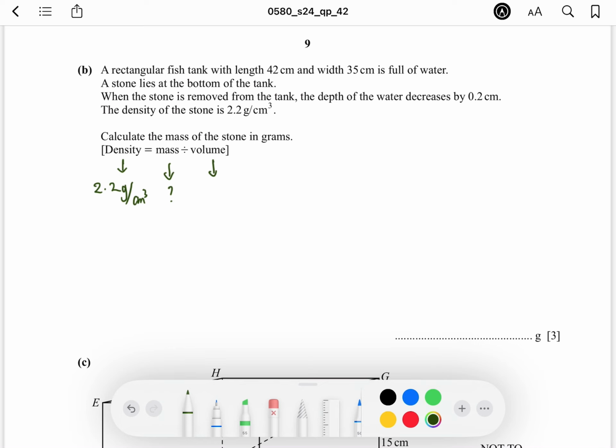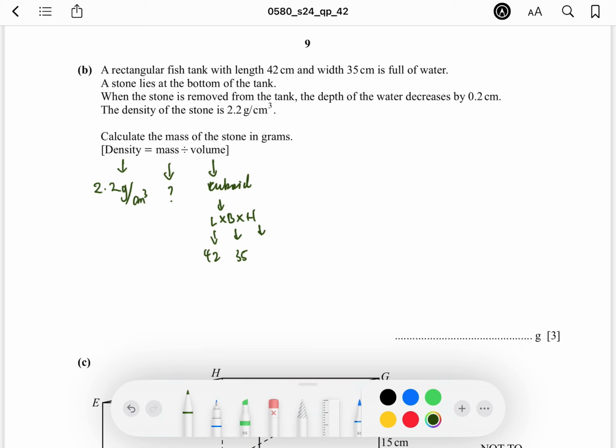Rectangular fish tank. What shape is it? Rectangle, 3D. So it's actually a cuboid. So volume of cuboid would be length times breadth times height. Do we know length? Yes, 42. Breadth? Yes, 35.